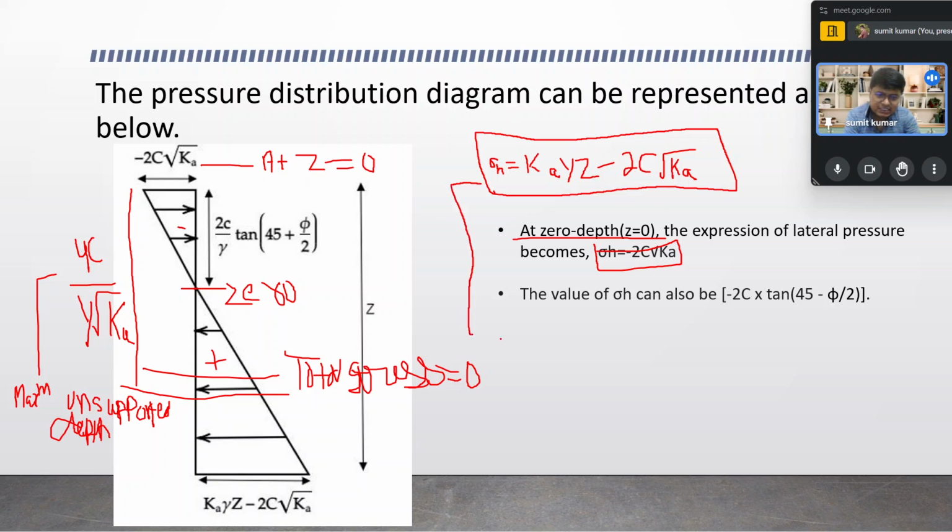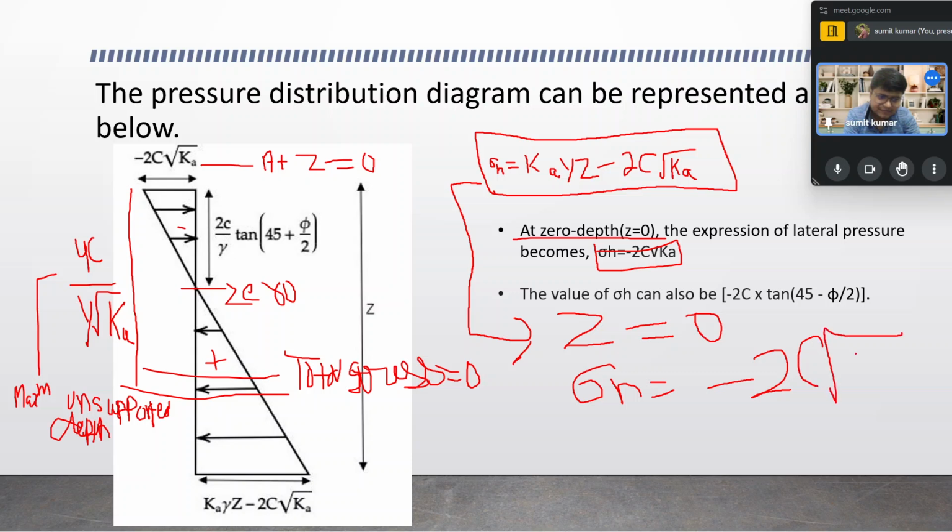For this condition, when z equals 0, sigma h becomes, since k gamma z becomes 0, minus 2c root k. That is the case we are discussing over here.